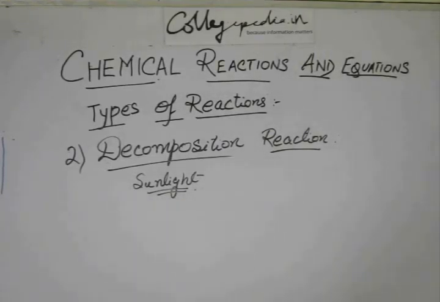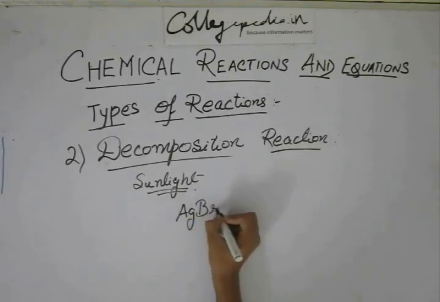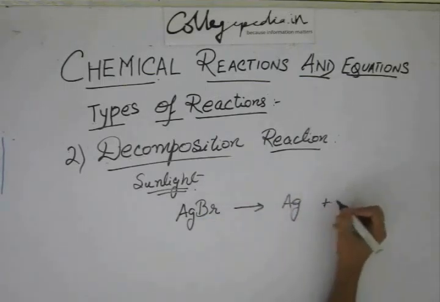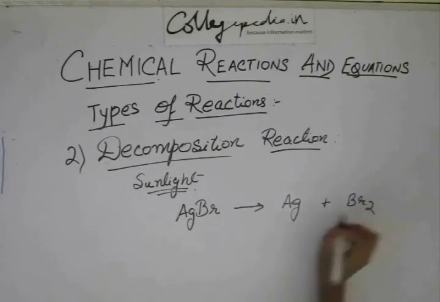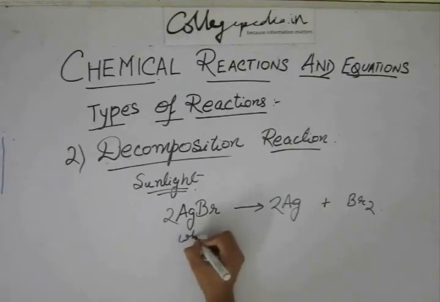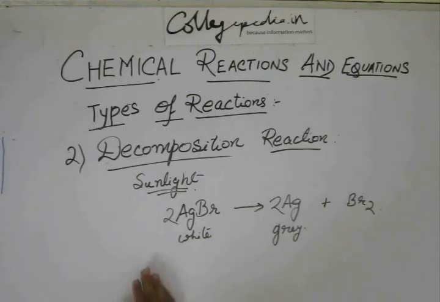You can also have AgBr reacting in the same way. And this is also the same. This is also white turning to gray. This is white. This is gray. So if you are asked white turning to gray, it can either be AgCl or AgBr.